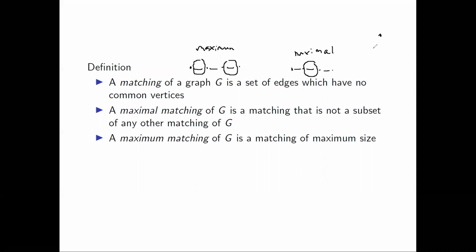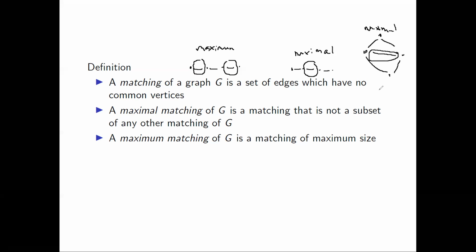Another example we saw, a non-path. This one we saw in class. That one's maximal, but not maximum. For a maximum one, we could take these two, for example.